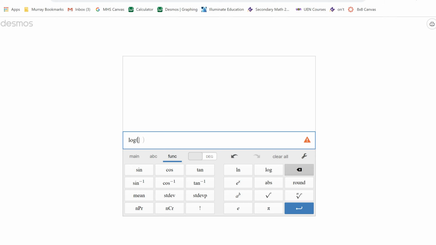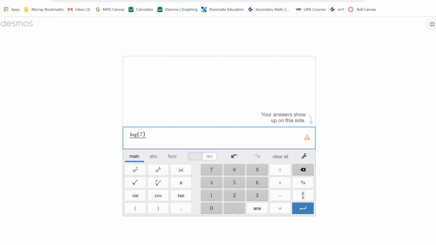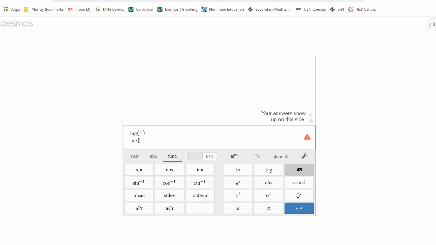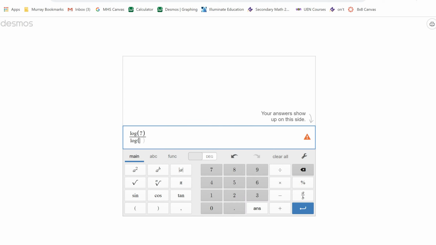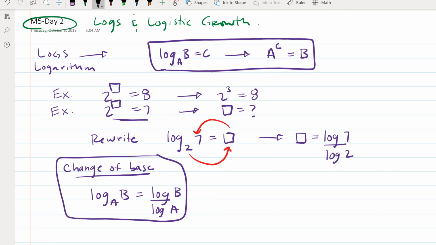So if I type in log of 7, close parentheses, divided by log of 2, then I get the answer 2.81. So I'm going to come back here and write that down. So this is equal to 2.81.